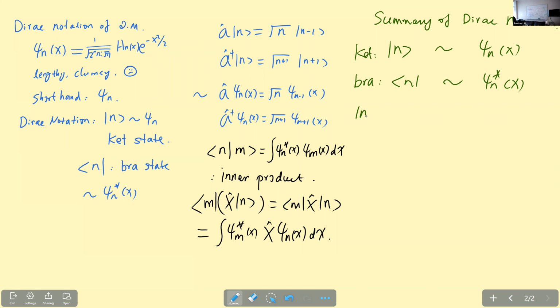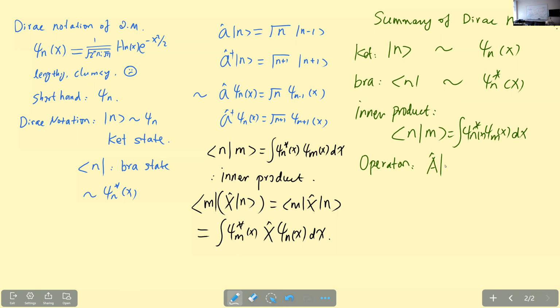You can have an inner product. You can have operator action. This one is the same as this. Right. You can also have the matrix element.